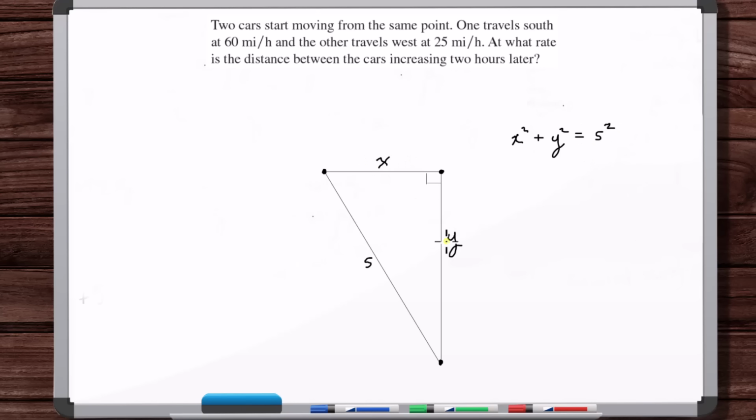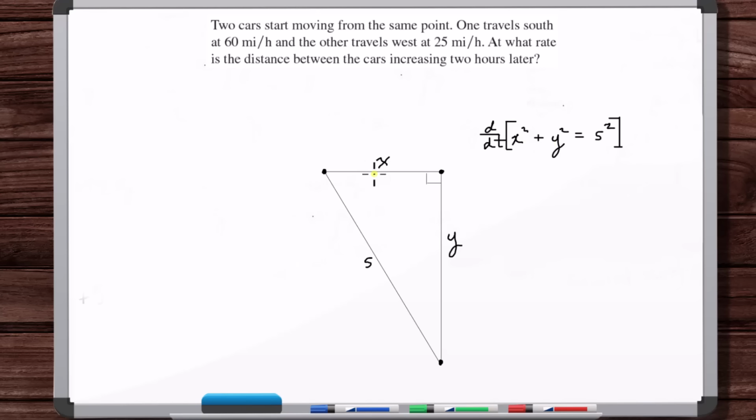X is a function of time, Y is a function of time, S is a function of time. So we're trying to find ds dt. Let's differentiate this equation with respect to time. And this is going to work because we're going to end up with dx dt's and dy dt's.